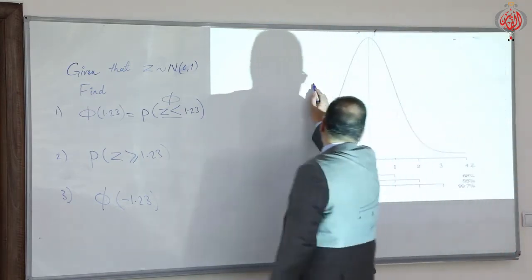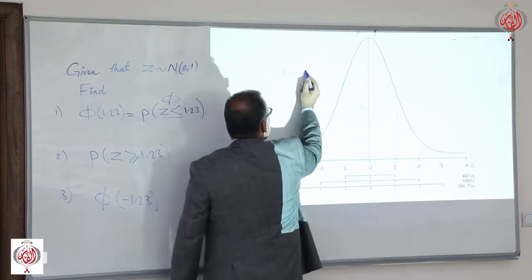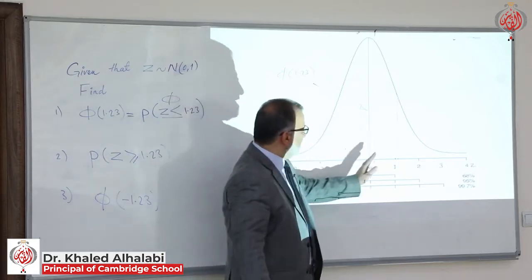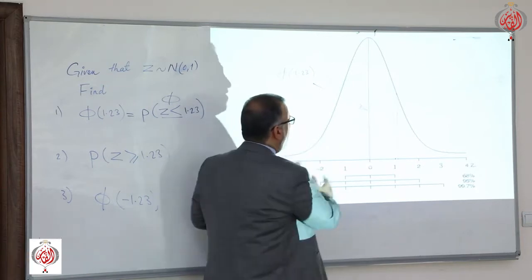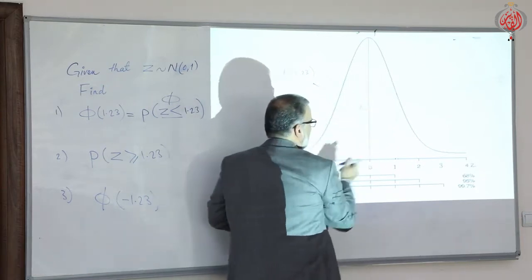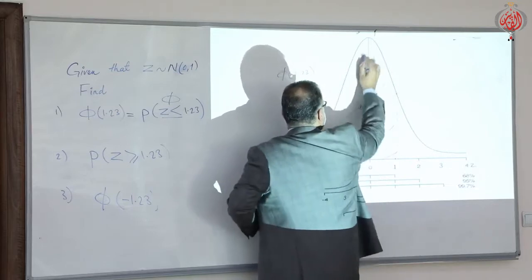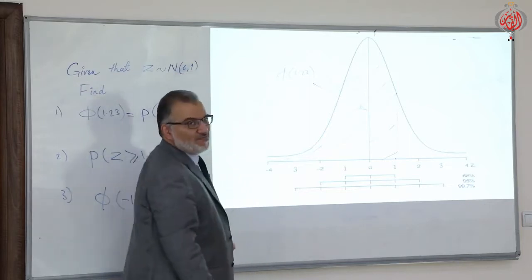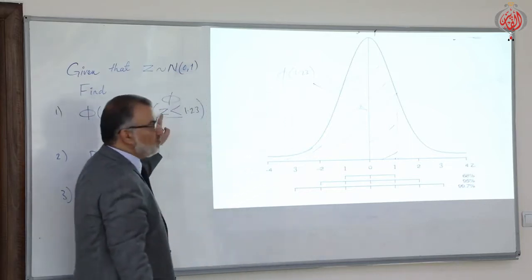All of this area is phi 1.23. What's the meaning of that? It means the probability that Z will take a value of 1.23 or less. So all of this area represents the probability of Z less than 1.23. This is the meaning of phi. So phi is equivalent to Z less than.